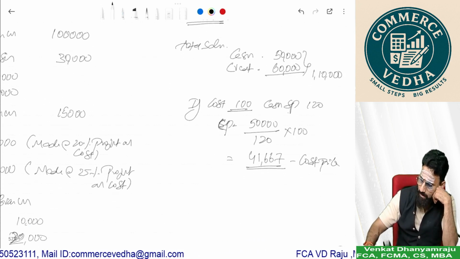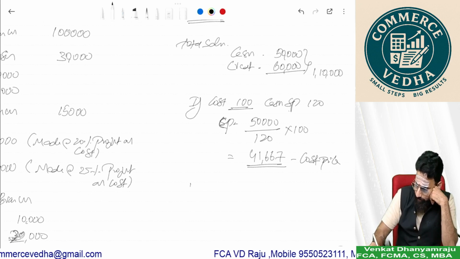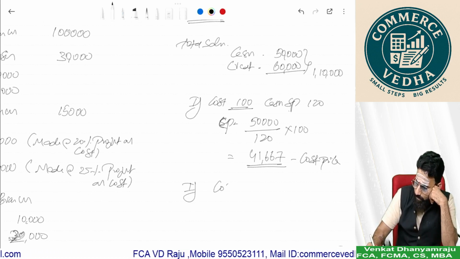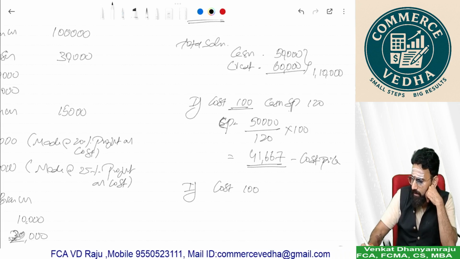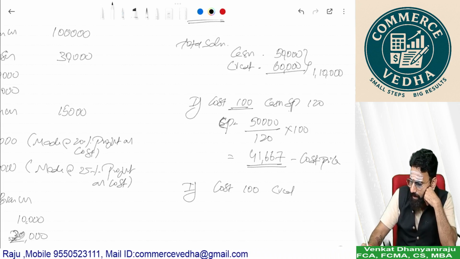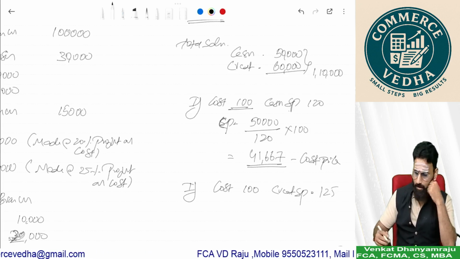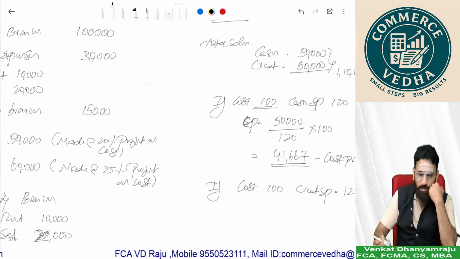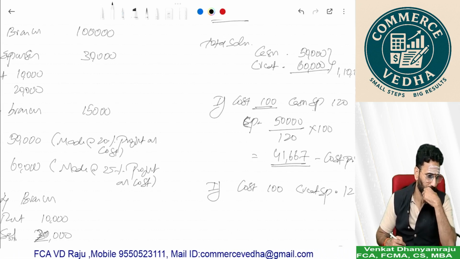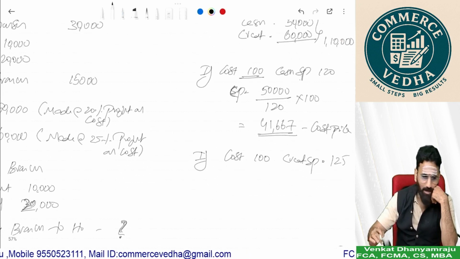And similarly, if cost 100, credit sale price is 125, because credit sales are 25% profit on cost. We have given selling price, right?